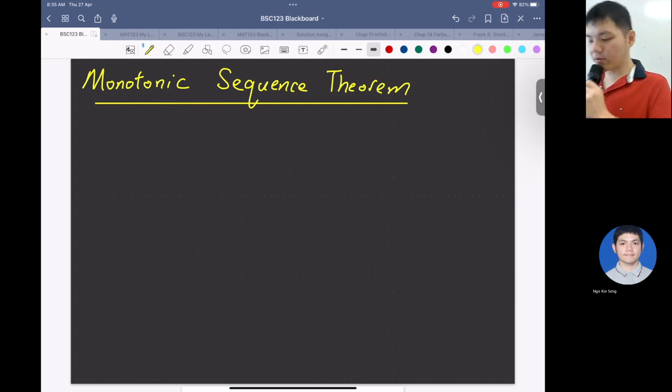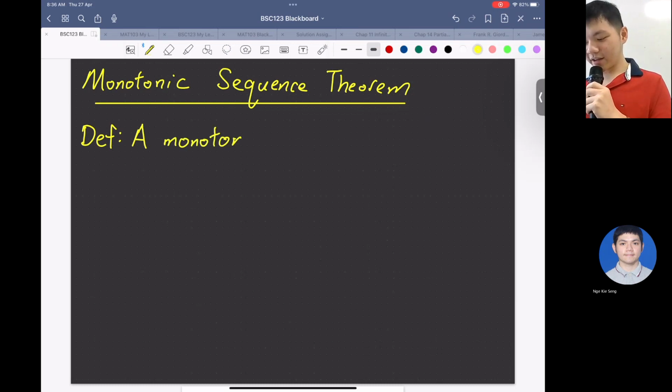Before we talk about the monotonic sequence theorem, we should define what monotone is. So what's monotone? Going down, okay, good. You should remember it like that, but when you explain to people, please use the proper word.